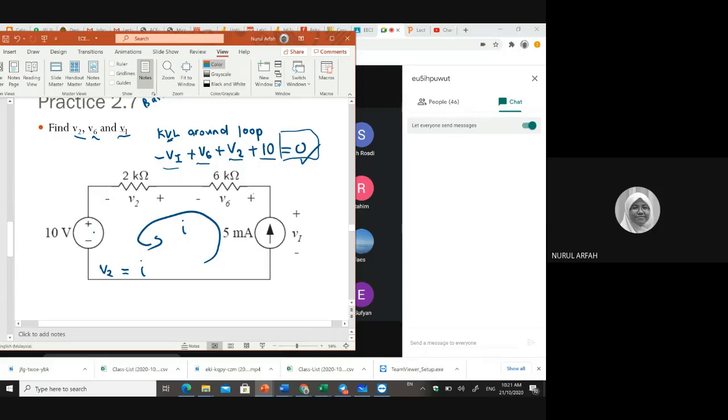V equal to IR. So what is R for V2? 2K, 2 kilo. Please remember to put the prefix. Yes, you can put it inside the equation. Is it positive or negative? Always question yourself. Positive, because current should enter a positive polarity for a passive element, which is this resistor, right?